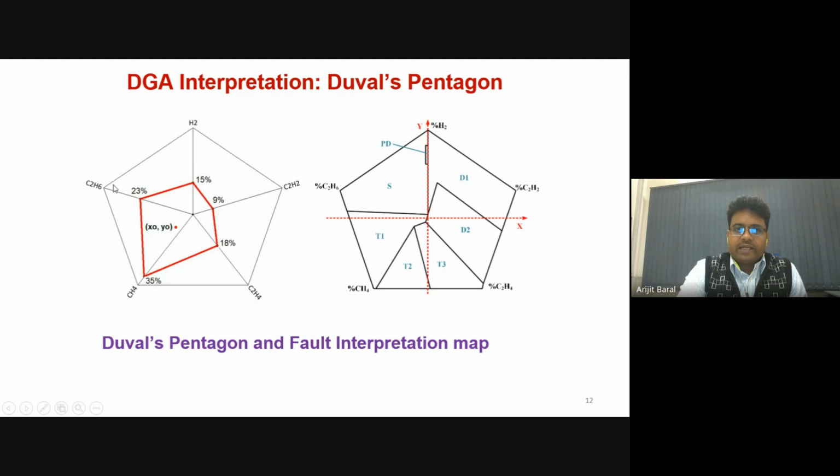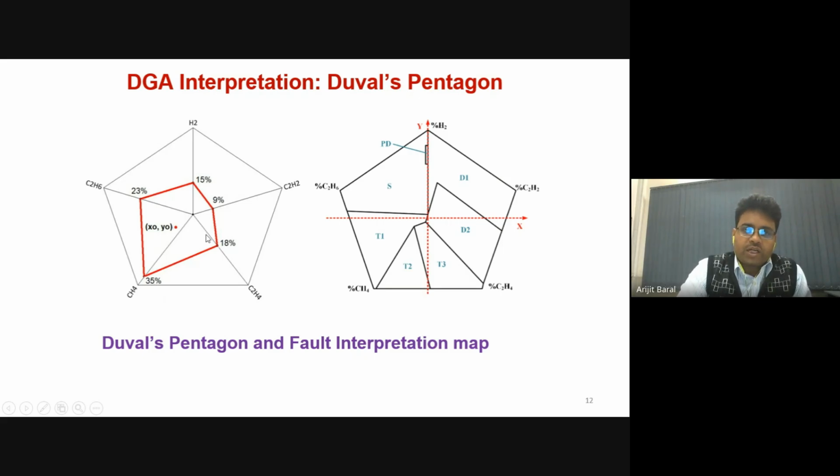I am considering the center to be 0, and if you consider any one of the axes, suppose from 0 to C2H6, the terminal point is 100% and the center represents 0% of C2H6. So if you sample a particular oil and test it subsequently, suppose you get 23% C2H6, 15% H2, 9% C2H2, C2H4 is 18%, and CH4 is 35%.